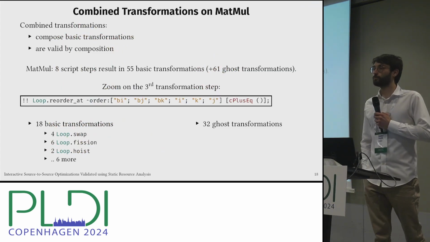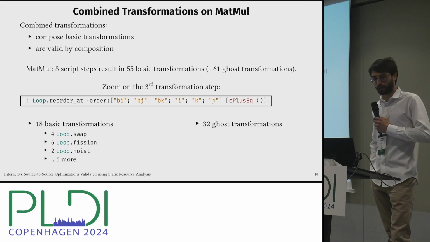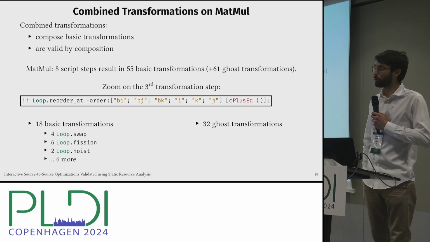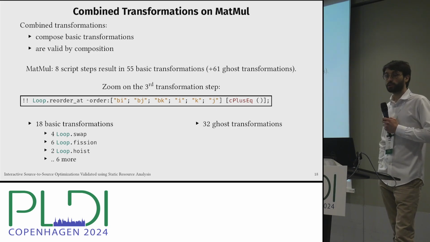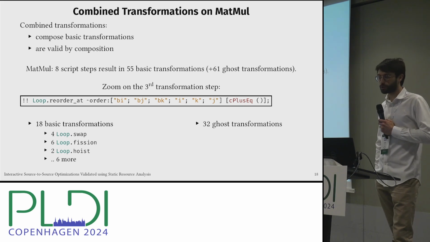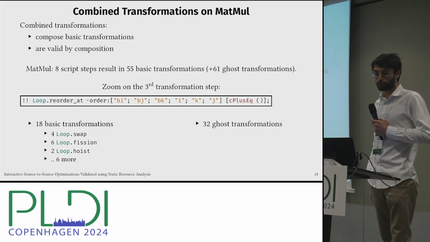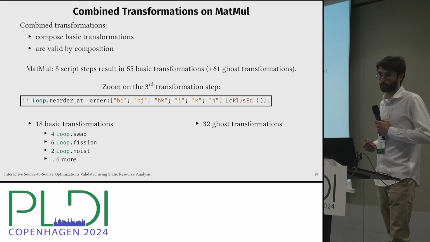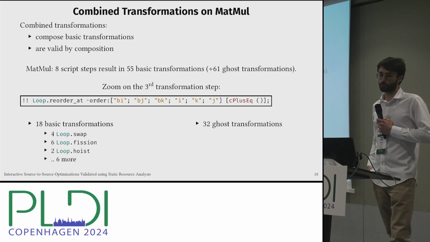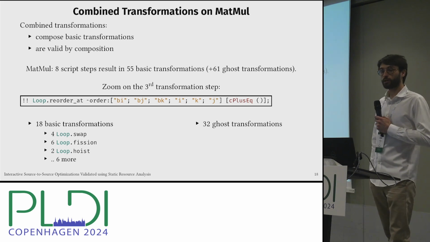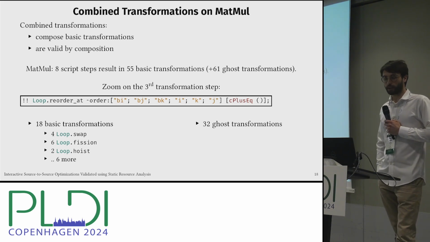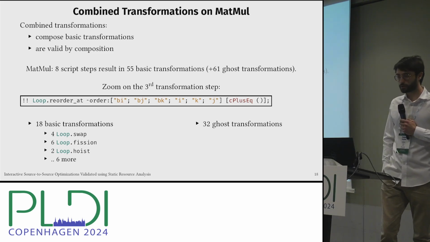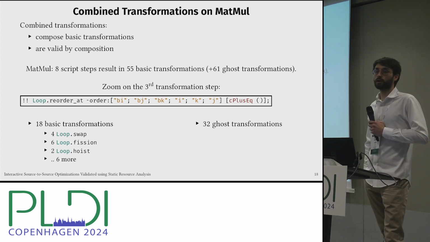Now if we move on to the transformations that we are applying, most of the transformations from the scripts are what we call combined transformations, which means that they are composing basic transformations, and they are valid by composition, because we asked basic transformations to check for correctness. So in our MathMill case study, we have 8 script steps that result in about 55 basic transformations and also 61 ghost transformations.